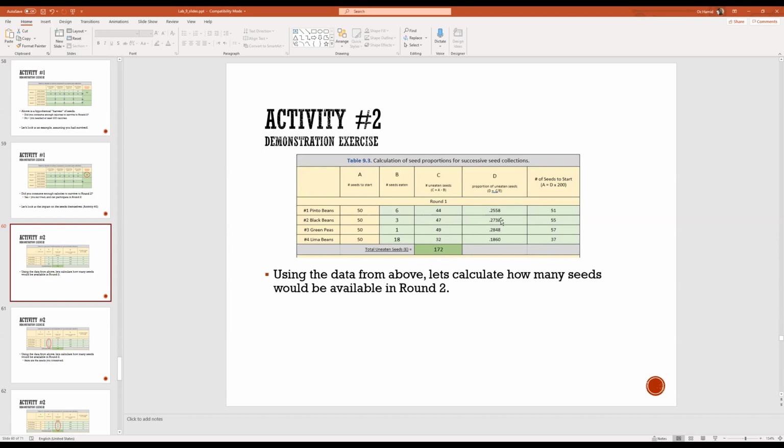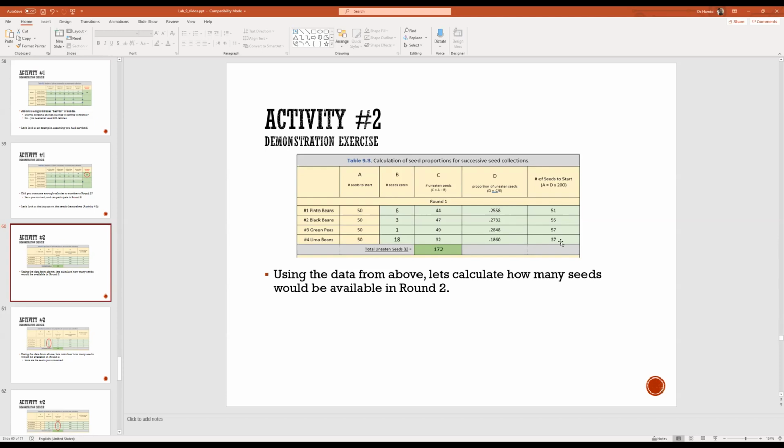And then 47 divided by 172, that's roughly 27%. 49 divided by 172, roughly 28%. And 32 divided by 172 is roughly 18%. So in your next round, you're going to start off with 51 pinto beans, 55 black beans, 57 green peas, and 37 lima beans.